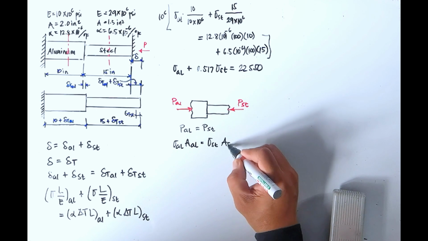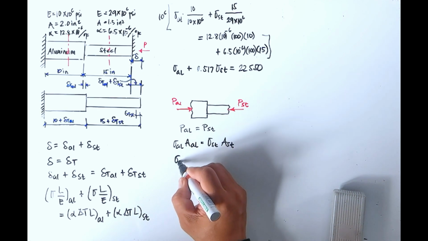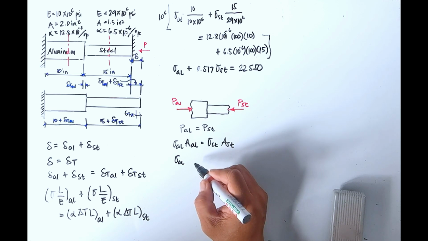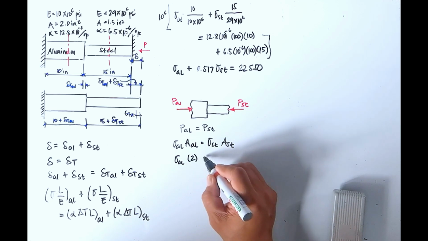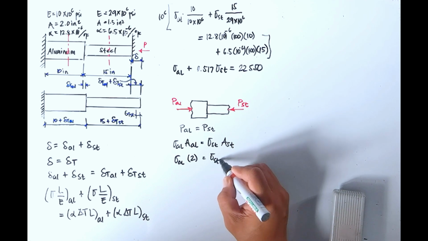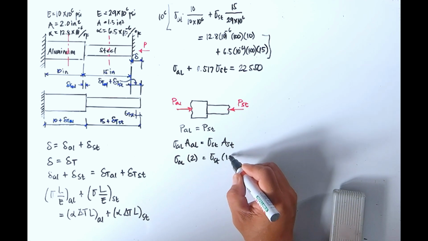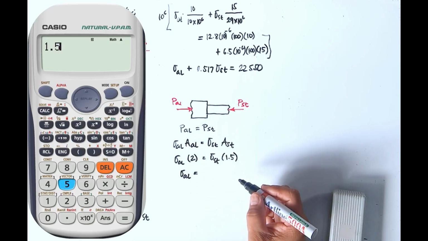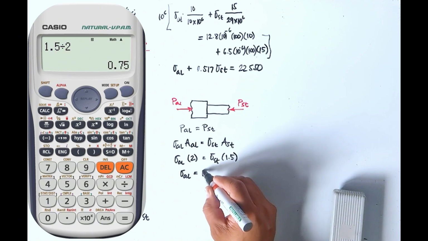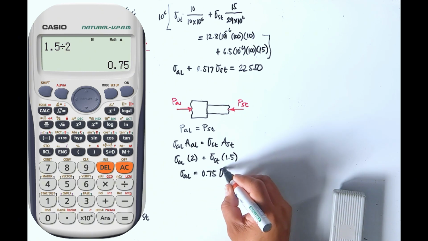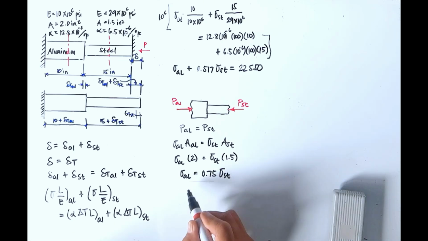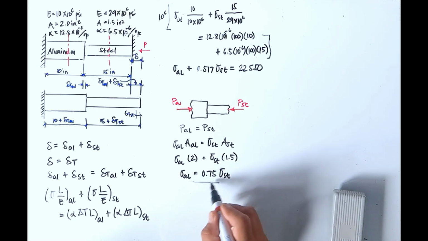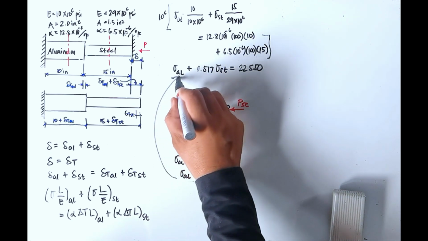The area for aluminum is 2, for steel it's 1.5. 1.5 divided by 2 is 0.75. So we'll substitute this stress in aluminum here.